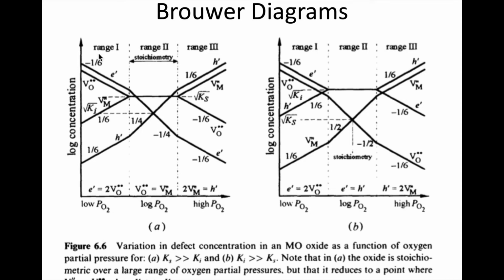And so over here on the left, we have the lowest amount of PO2. In the middle, we have what we would refer to as intermediate, and then high PO2 on the other side. And so these diagrams basically allow us to look at major trends to see what species are present and in relatively what quantities and how quickly they change.